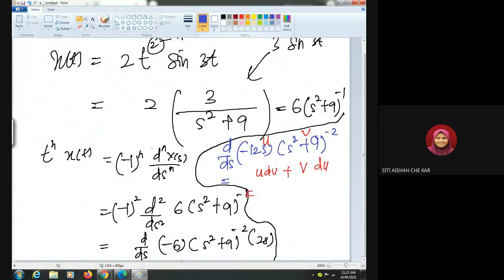Okay. So, negatif 12S, U dia negatif 12S. Differentiate yang ni, negatif 2, S kuasa 2 lah.